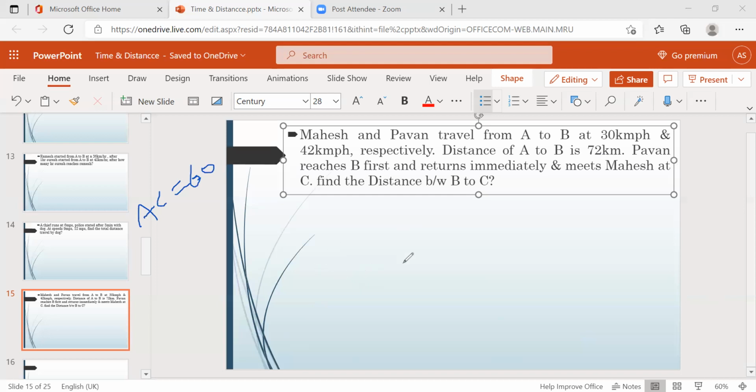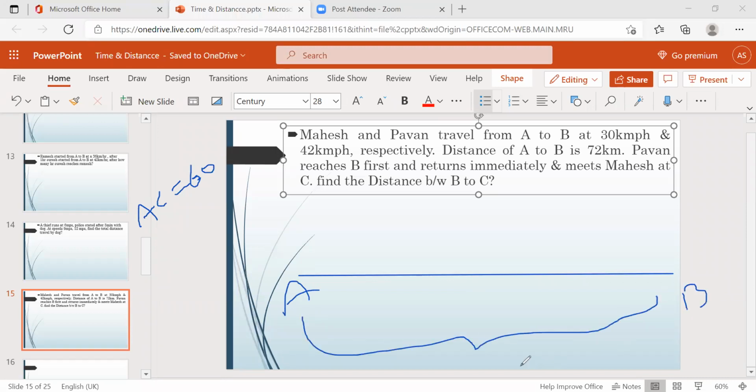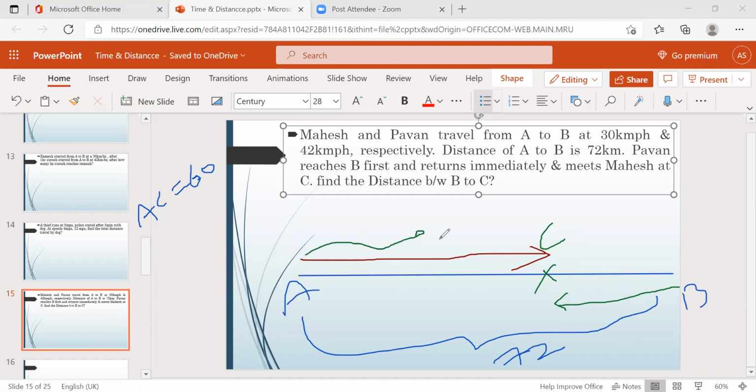Now, what are they asking? Ramesh, Mahesh, and Pawan started from A to B. The distance is 72. Mahesh is like this, and Pawan here. The point where they met is C. So we found AC, this distance, which is 60 kilometers.